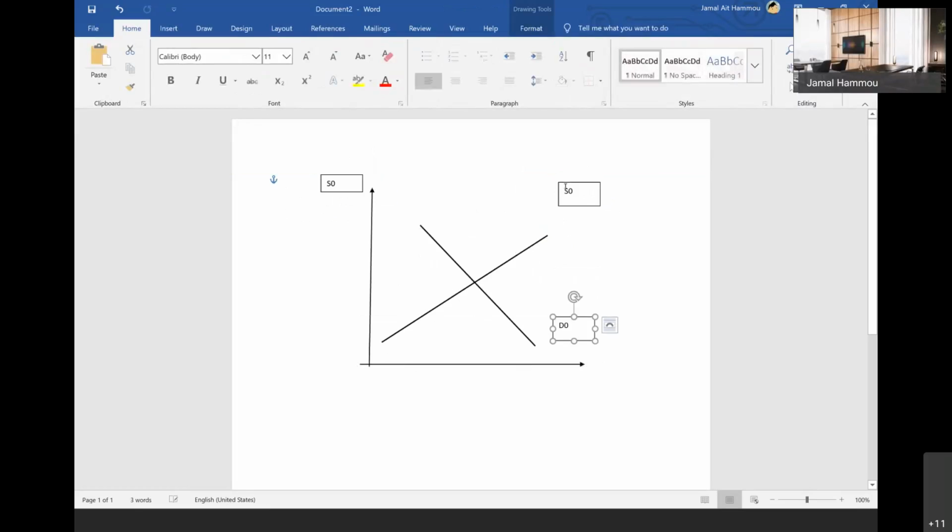I will ask you to do something with these graphs later because I have to give you some article to analyze, and do the same thing. So I have a price here. And I'll just put price, just to be sure. I will put quantity all the way at the bottom here.